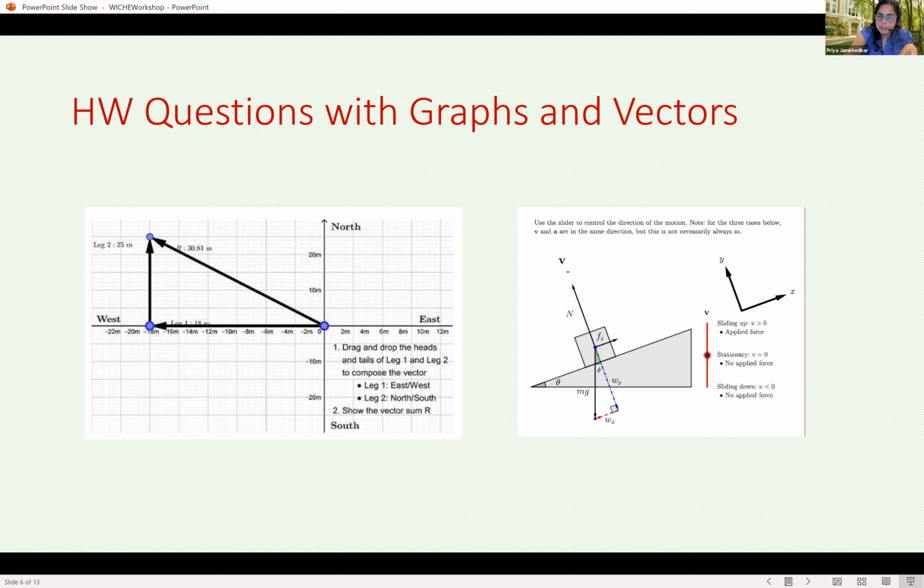In this simulation, they can push the block up the incline, push it down the incline, or the block could be stationary. In all of those scenarios, they can see the direction of the forces, and how much of a force acts in a particular direction. This visual helps them understand how the forces are working, what's contributing to the motion, and how the motion is affected when the magnitudes of certain forces change.